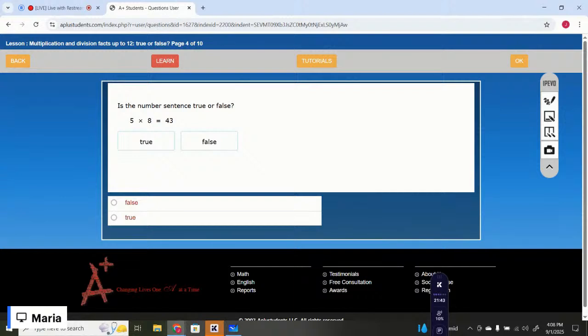Is the number sentence true or false? 5 times 8 equals 43.